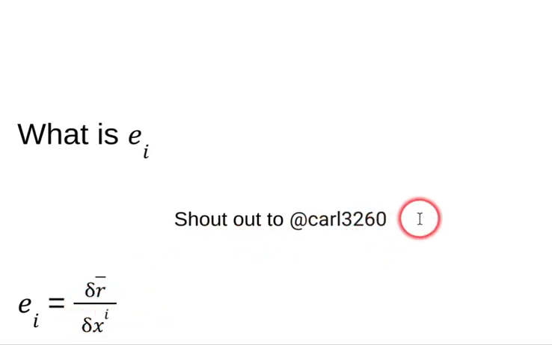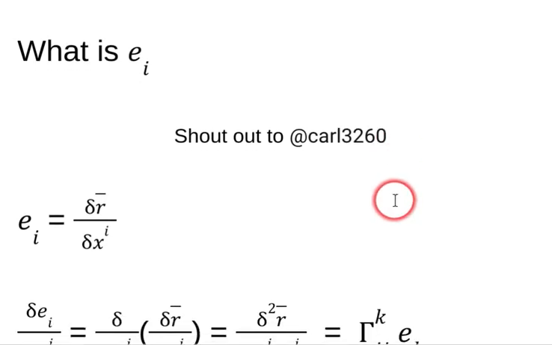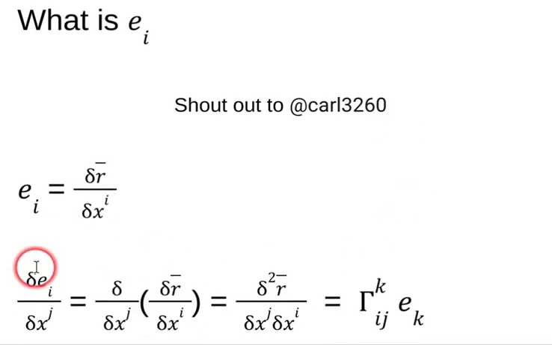That's how we define them. So what if I said, well, if that's true, the derivative of this basis vector with respect to this coordinate is the derivative of this with respect to the coordinate, then I get a second derivative with respect to j, i. So this Christoffel symbol would be as we define.